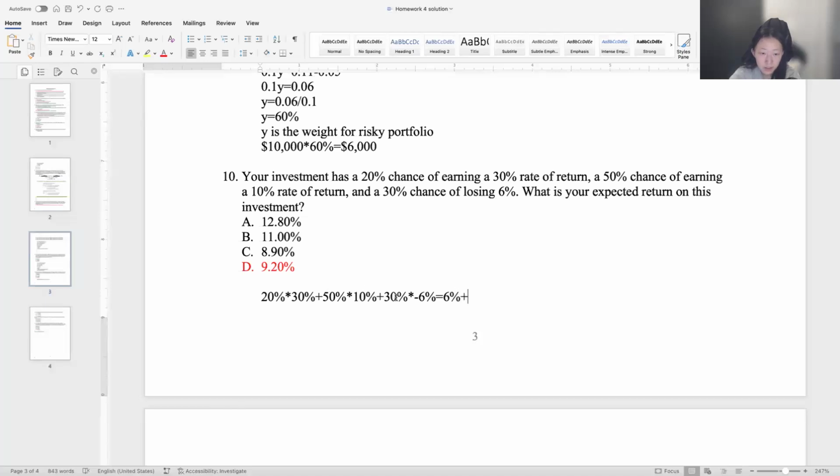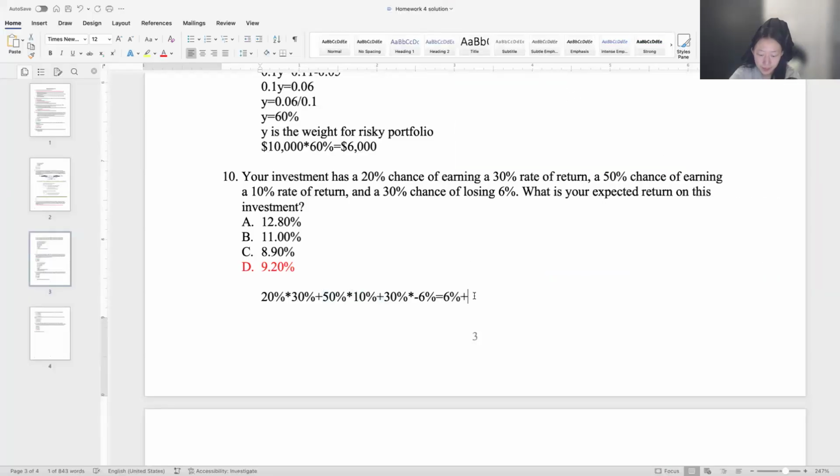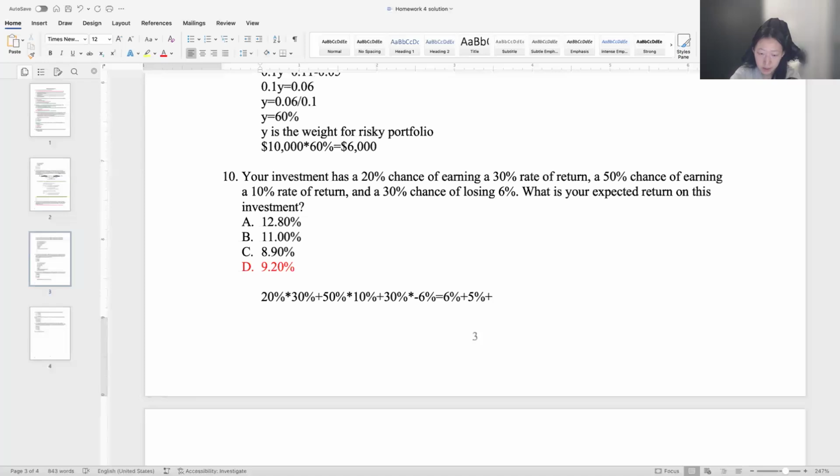Plus 0.5 times 0.1, 5%, plus 0.3 times 0.06 equals negative 1.8.